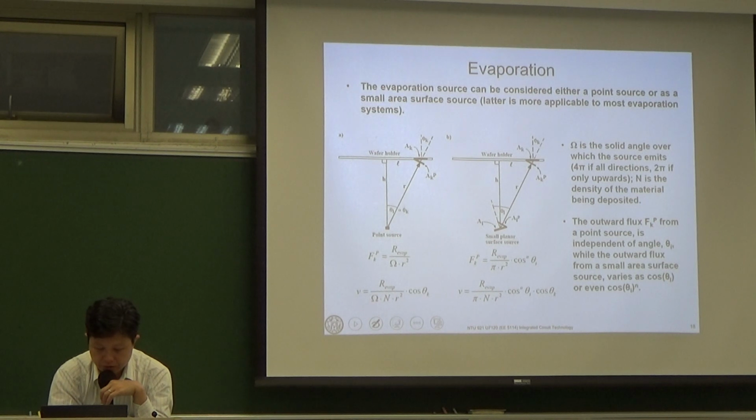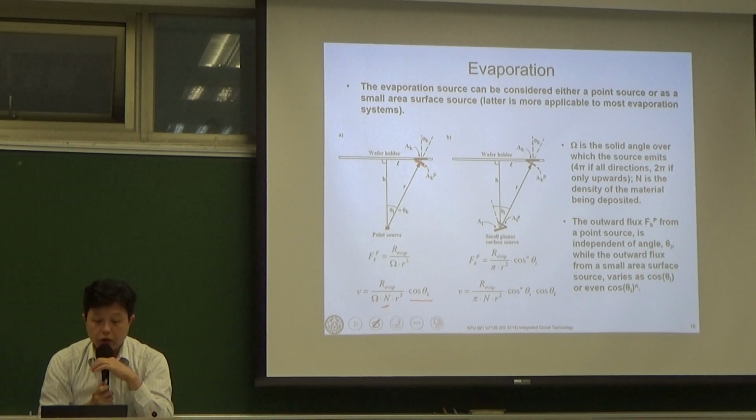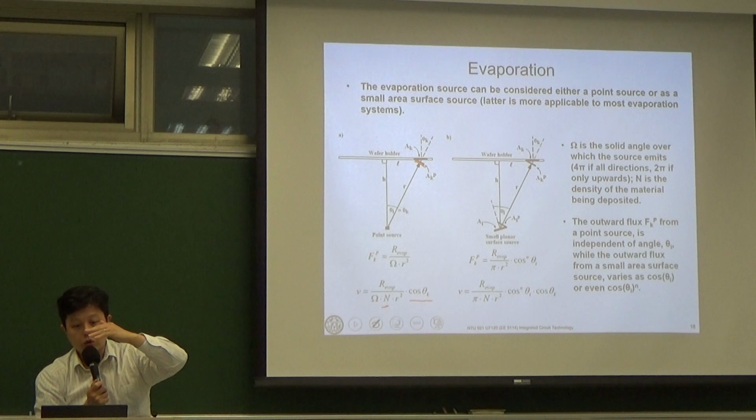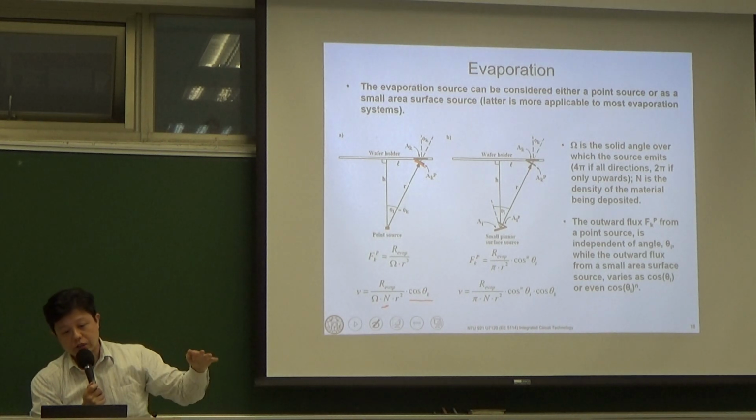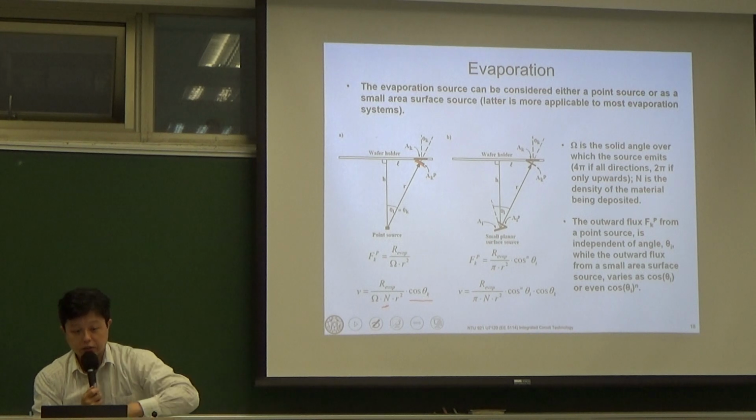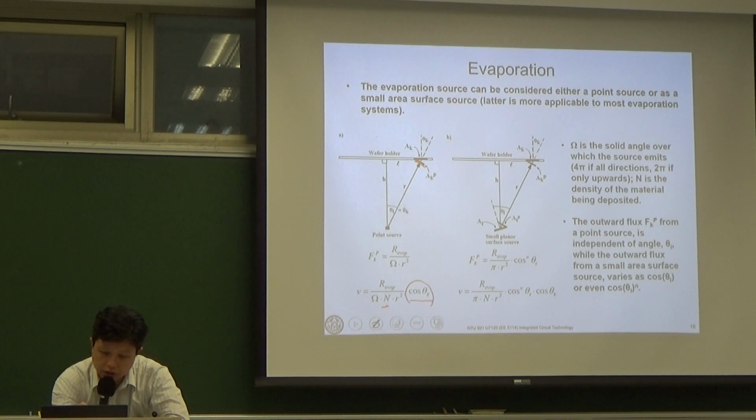Now the deposition rate, we can divide by the density, but also by cosine theta, because the flux is in these directions. But our wafer is placed on the wafer holder. If the wafer holder is flat, not curved, then you have to multiply by this cosine theta to calculate the thickness on your wafer. So there's a cosine theta term here.